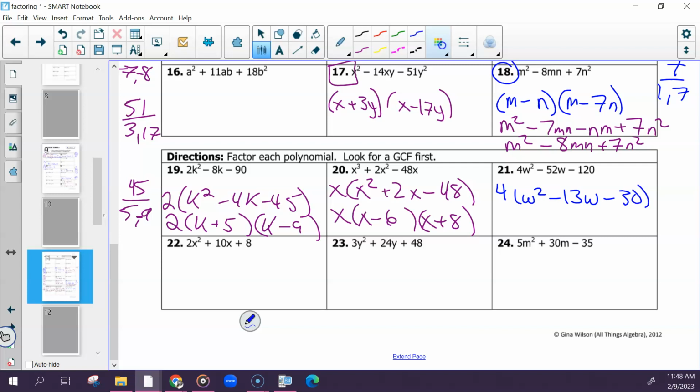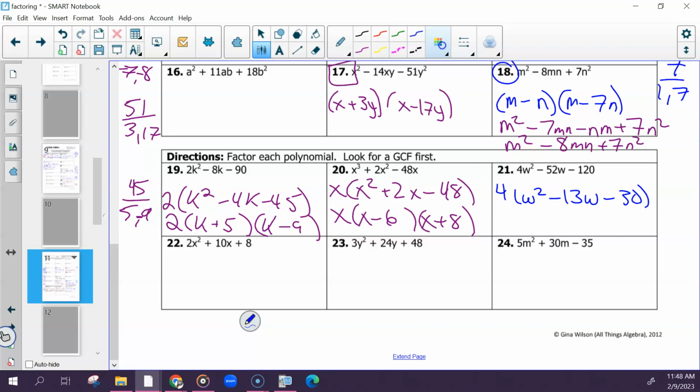What are some factors of 30? If I made one of those negative, would they get negative 13? If they were both negative, then yes.